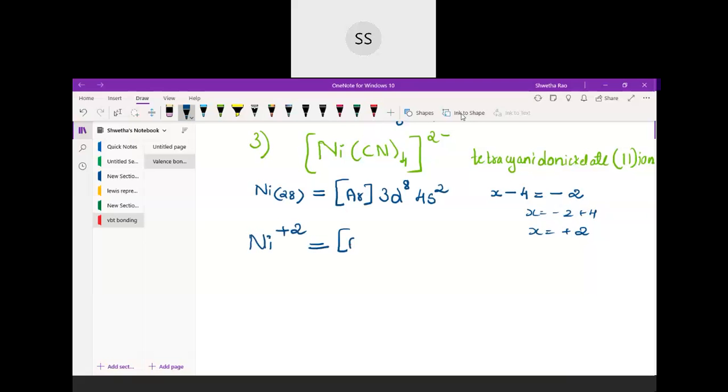I can write it this way: argon, then 3d8. 4s will be 0. The number of electrons present in the 4s orbital is 0. So you can cross check whether your answers are tallying with whatever I'm doing on the screen.